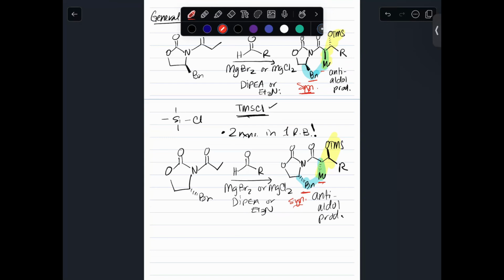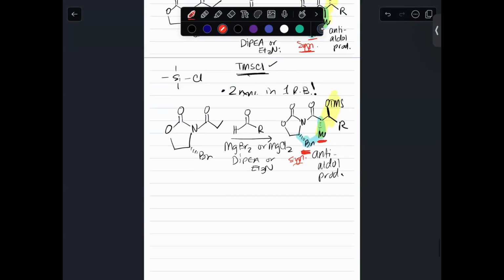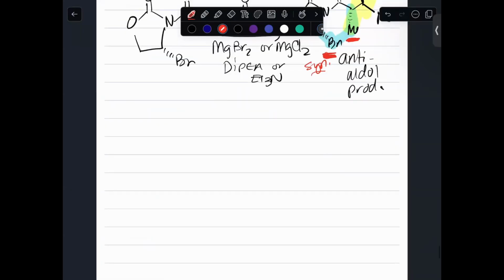And two, why is my first substituent alpha to the carbonyl syn to my substituent on my oxazolidinone? Okay. So still forming Z-enolate.